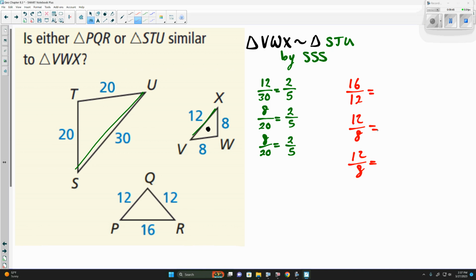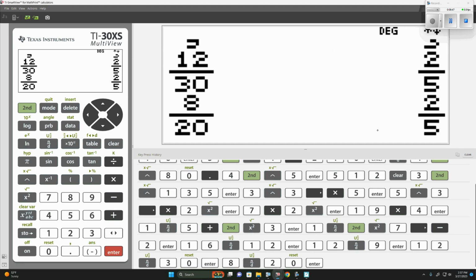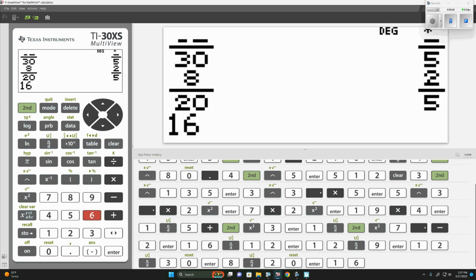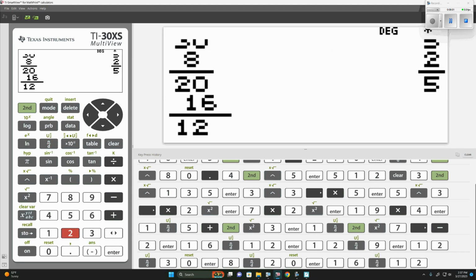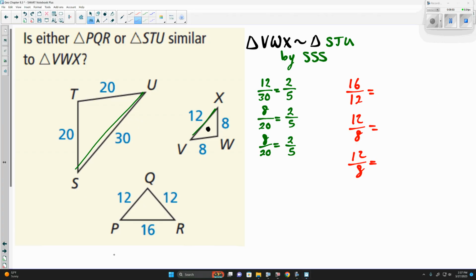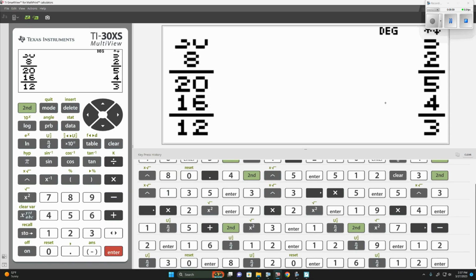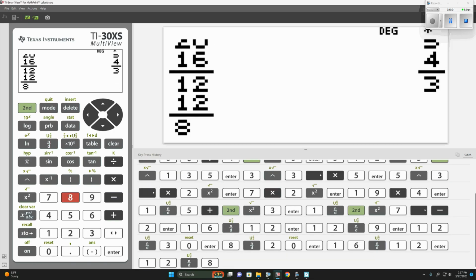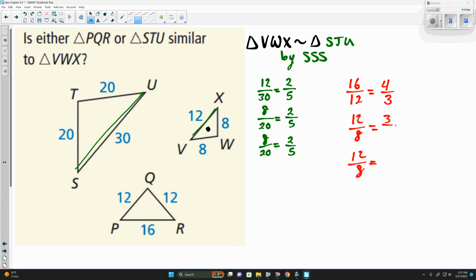We just need to keep them the same. 16 over 12 is 4/3. 12 over 8 is, so are all three of these the same? No. So the proportions are not the same.